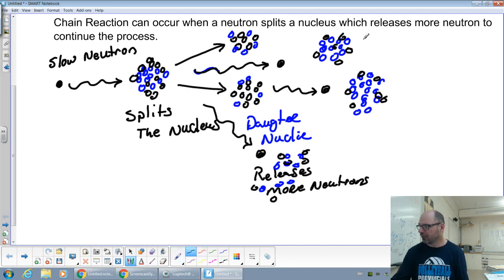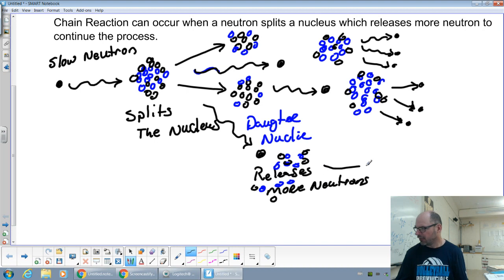This one's going to release 3 more neutrons, as well as the daughter nuclei, but we're not going to draw those again. This one's going to release 3 more neutrons, and this one 3 neutrons.